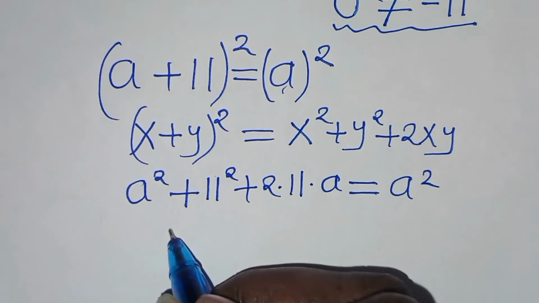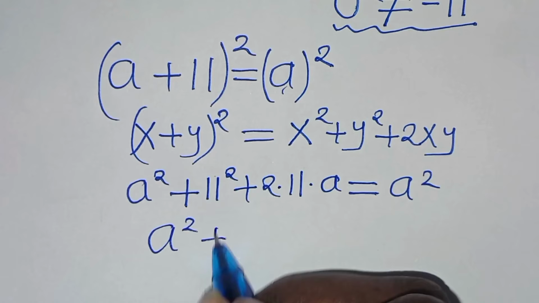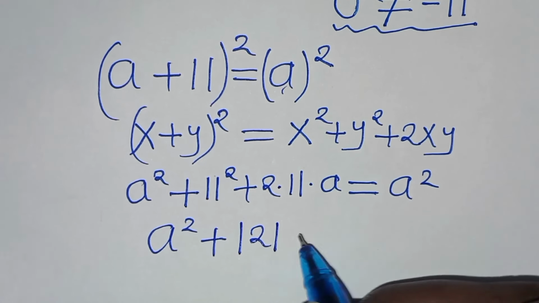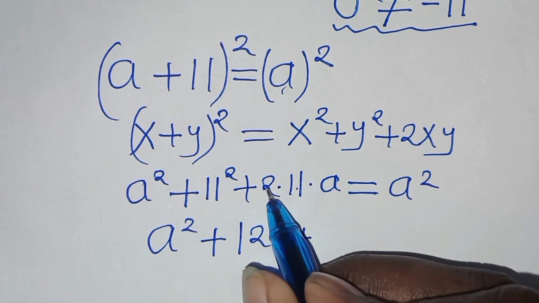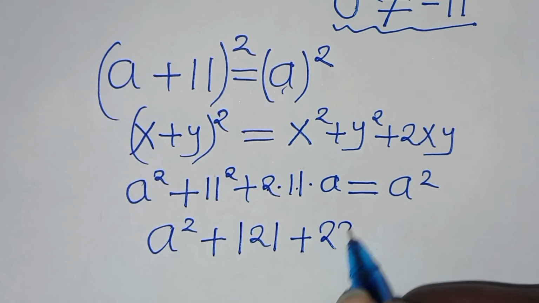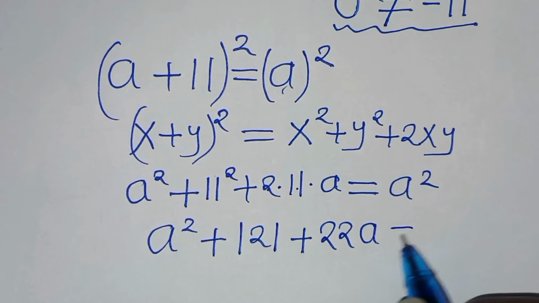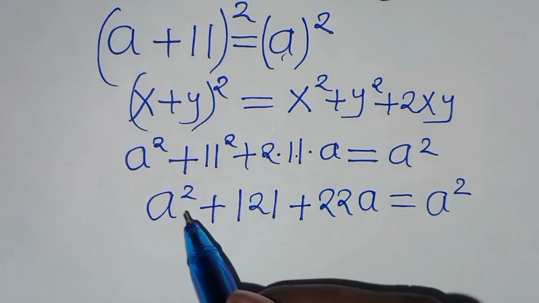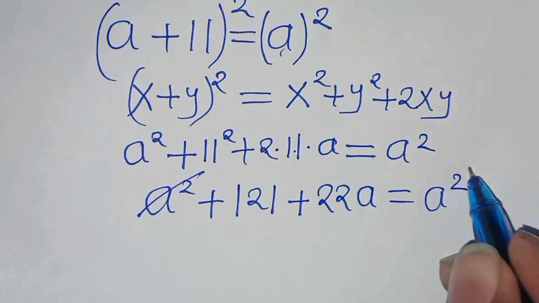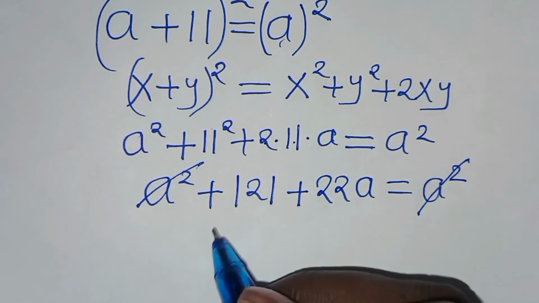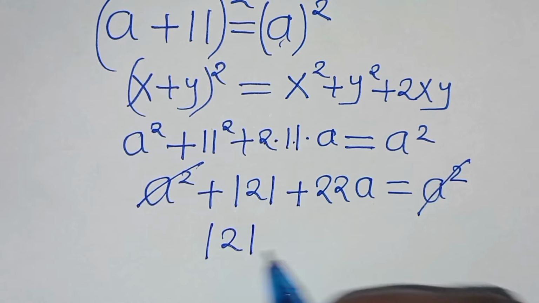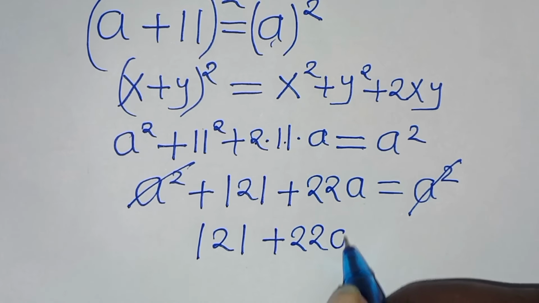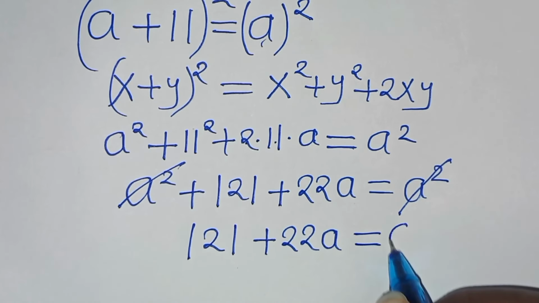From here, we have a squared plus 11 squared, which is 121, then plus 11 times 2 times a, this is 22a. This is equal to a squared. So we can eliminate a squared, so that now we have 121 plus 22a equal to 0.